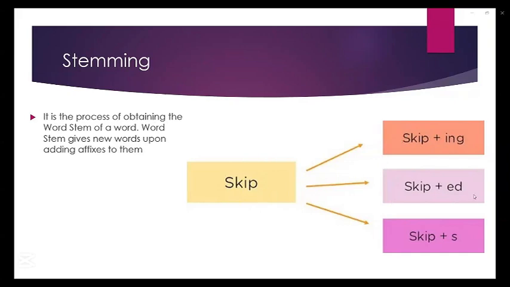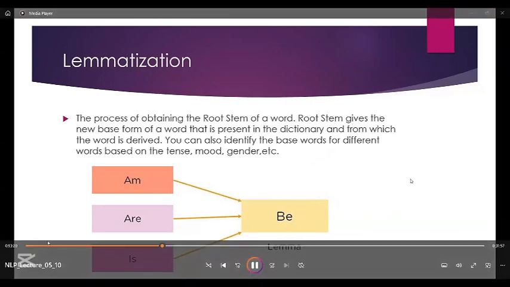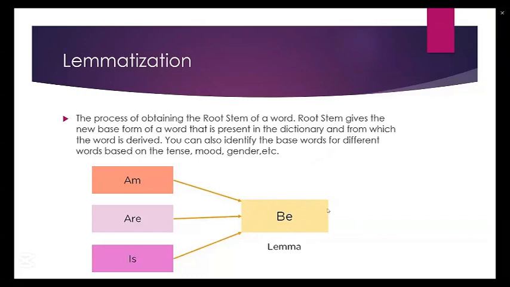If the word is skipped, the base word is skip. Likewise we are finding the base word from the words, and we have another process, lemmatization. During that process we also find the base form of the word, right?